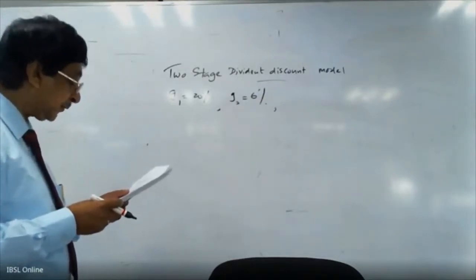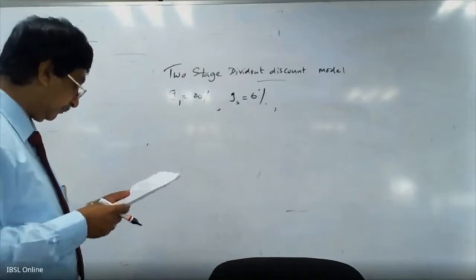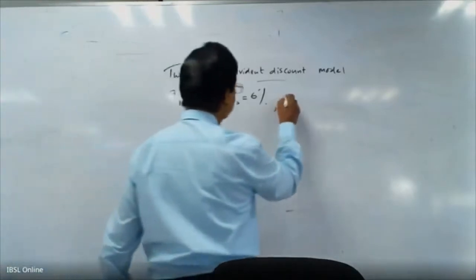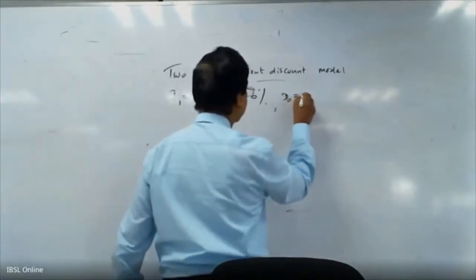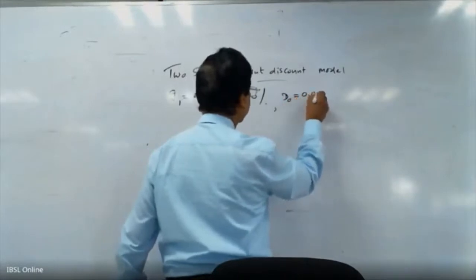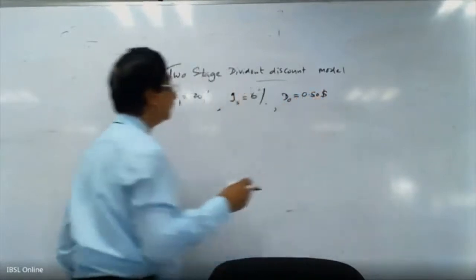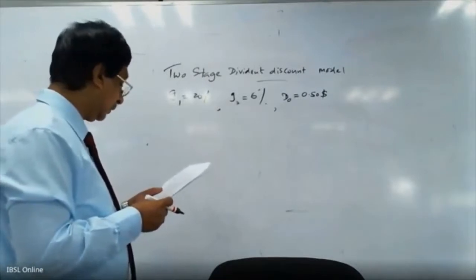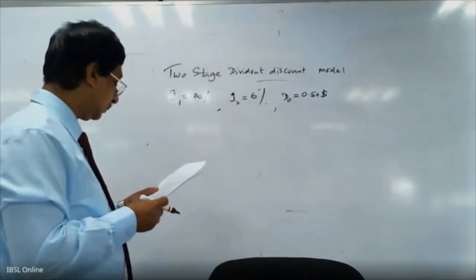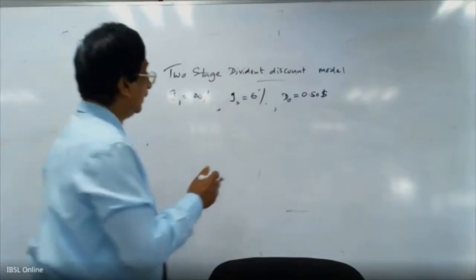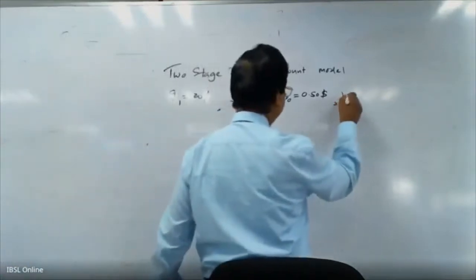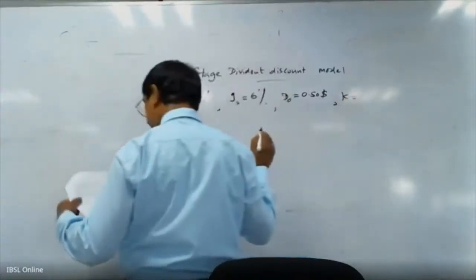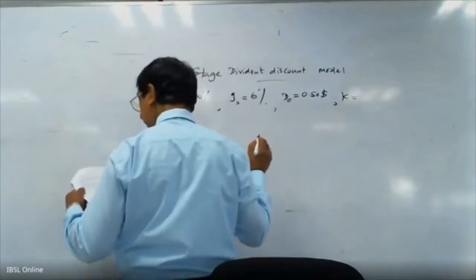Last dividend was 50 per share. That is D0. D0 is equal to 50 in dollars. The required rate of return, that is K, is equal to 15%.